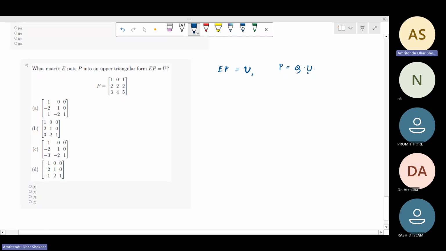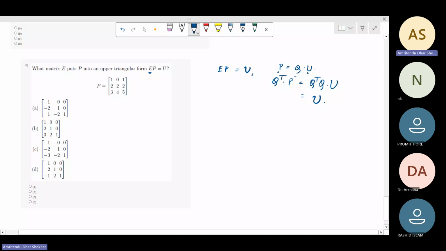In QR decomposition, U will be an upper triangular matrix, and Q is going to be orthogonal. So if you do Q transpose times P, that is equal to Q transpose Q U, and that's U. So if you do a QR decomposition of P, then Q transpose solves for E, right?